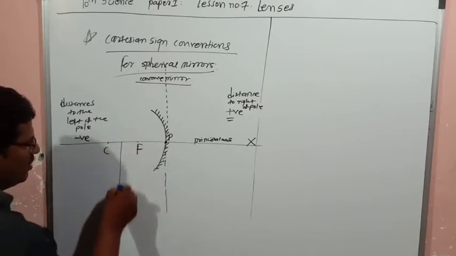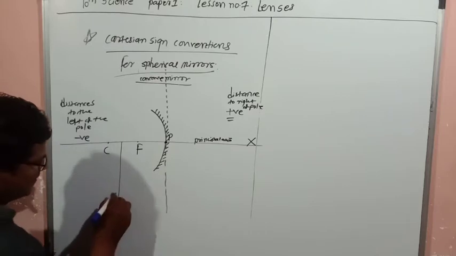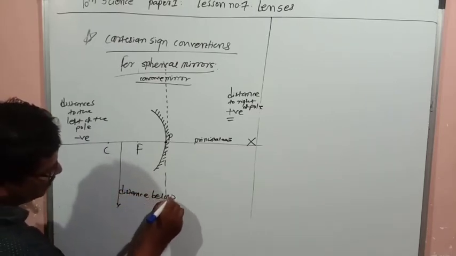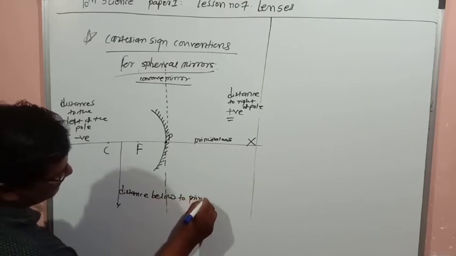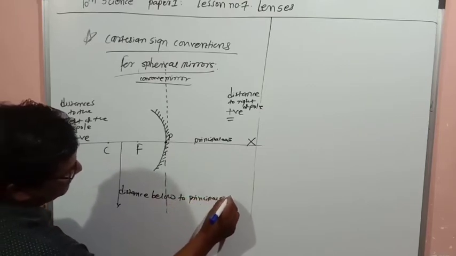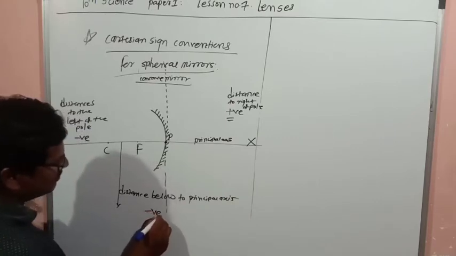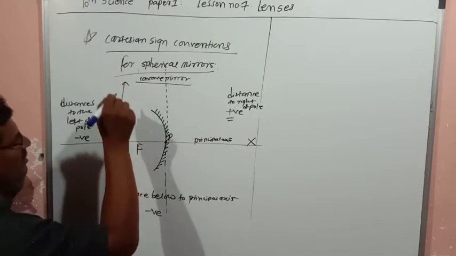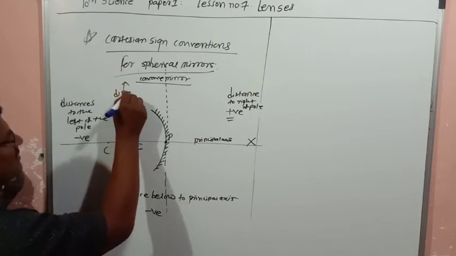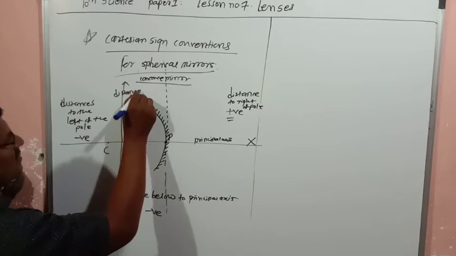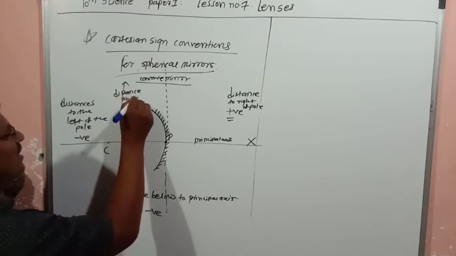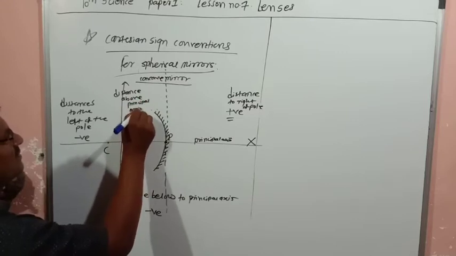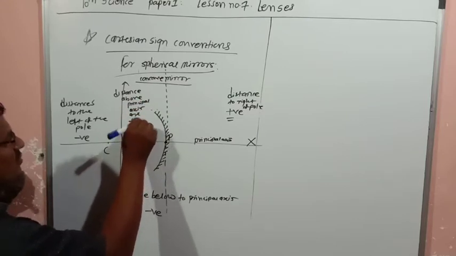Distances below the principal axis are taken as negative. Distances measured perpendicularly above the principal axis are positive.